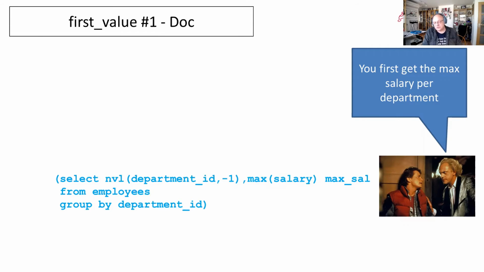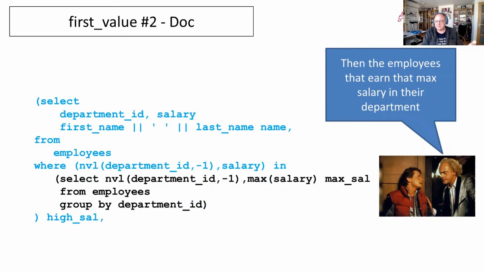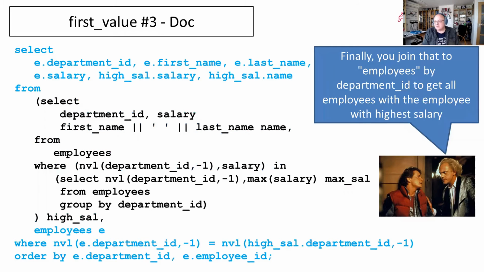Then with that information, we can go into the employees table again and find the employee data of the employees that earn that highest salary. Once we have that, we can join it to the employees again, so we can get the list of employees combined with the information about the person that earns the most.